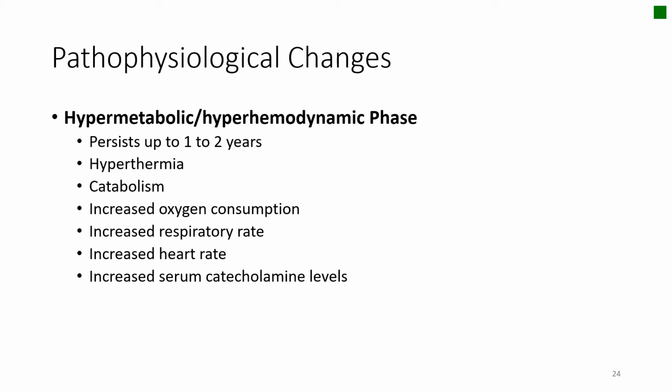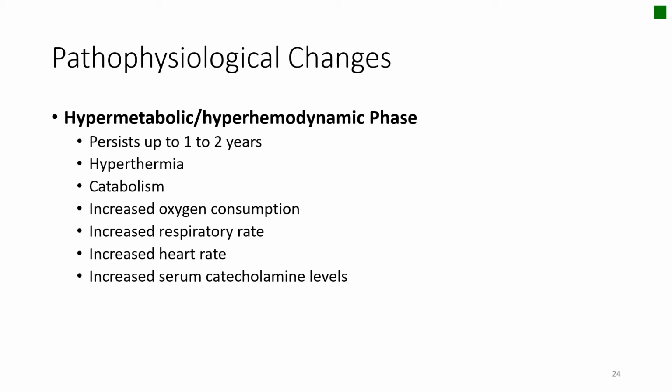Pathophysiological changes are important to know following a burn. Following the burn, the patient will be in a hypermetabolic, hemodynamic phase, especially if the patient has had greater than 40% of total body surface area involved in the burn.